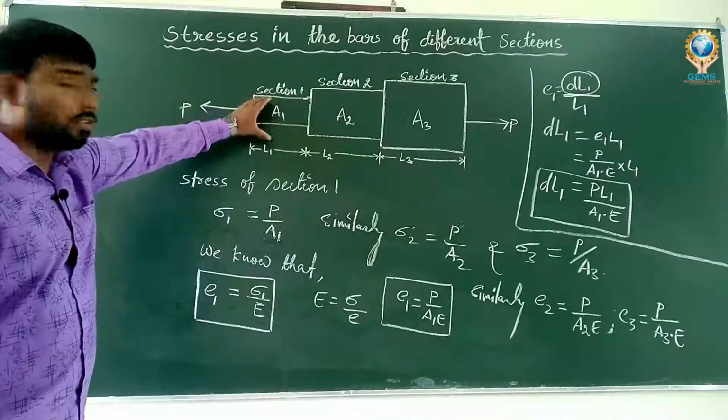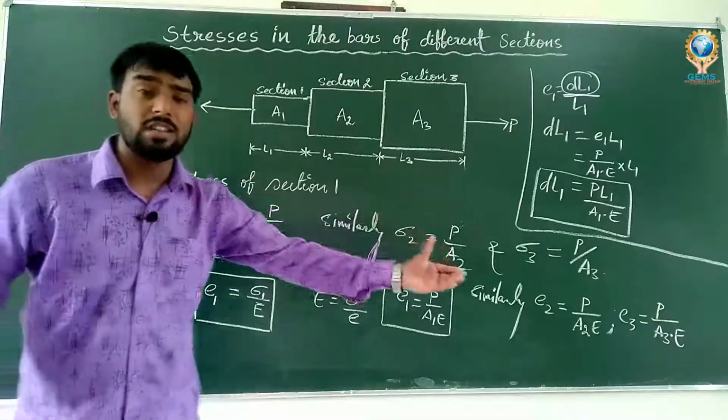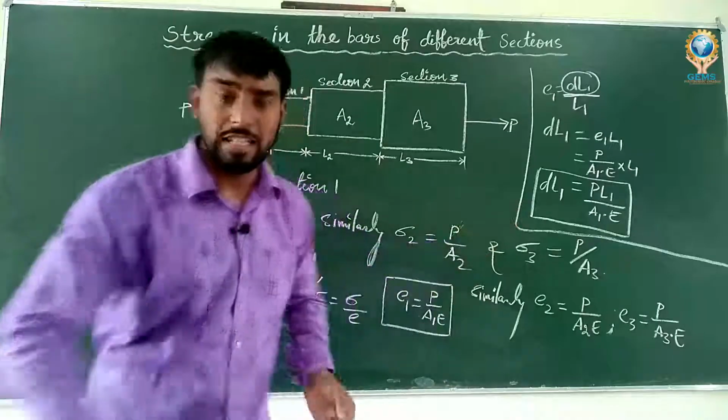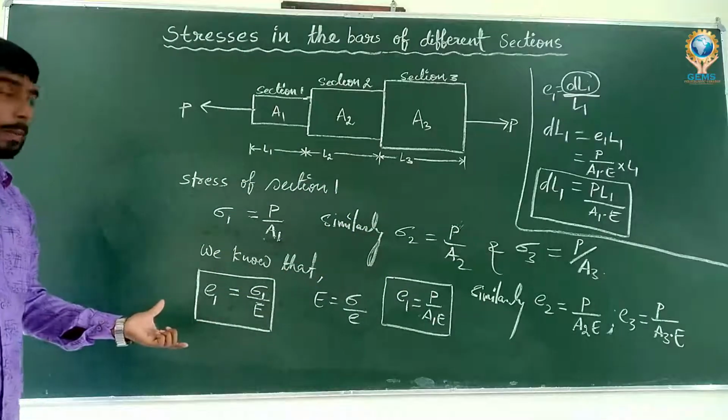Similarly, we have to find the change in length or extension of the different sections, like section 2 and section 3. Now I am going to erase this side, so please note down.